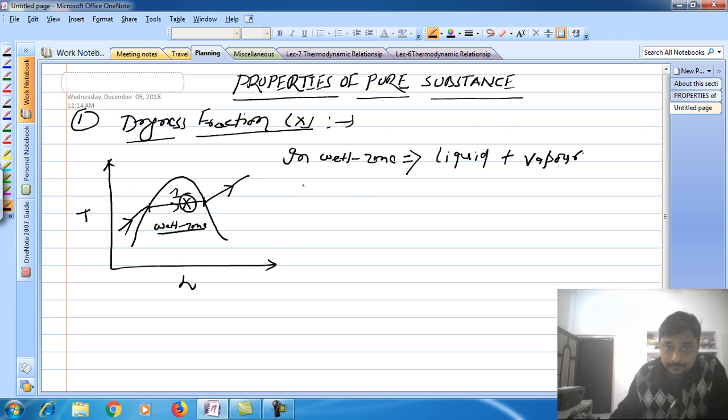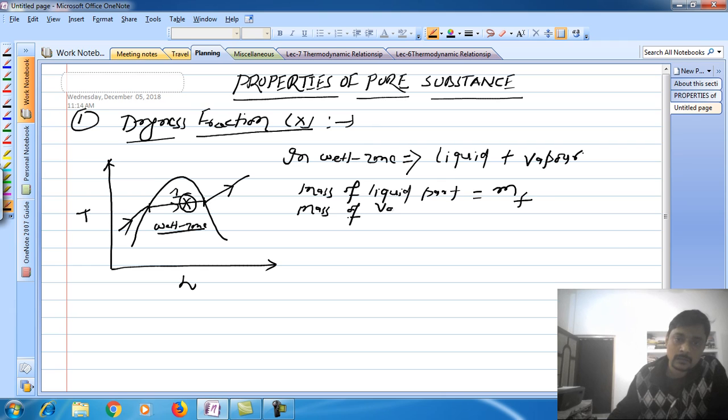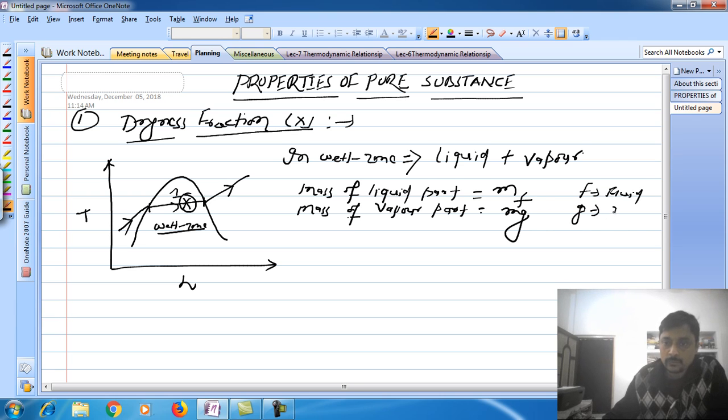Let us suppose the mass of the liquid part is mf, where f stands for fluid, and the mass of the vapor part is mg, where g stands for gas, because vapor is a form of gas.